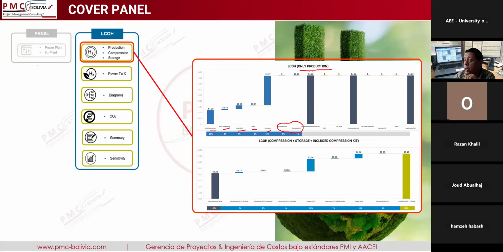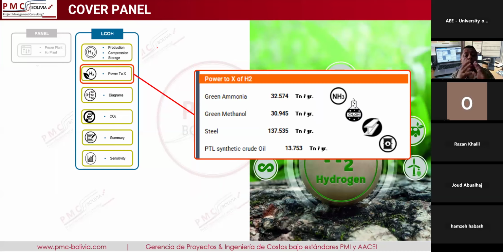So we can see the LCOH. We can add the compression CAPEX, compression OPEX, storage CAPEX, and storage OPEX, and we can obtain the final value of the hydrogen produced, compressed, and stored. The model automatically shows this diagram.